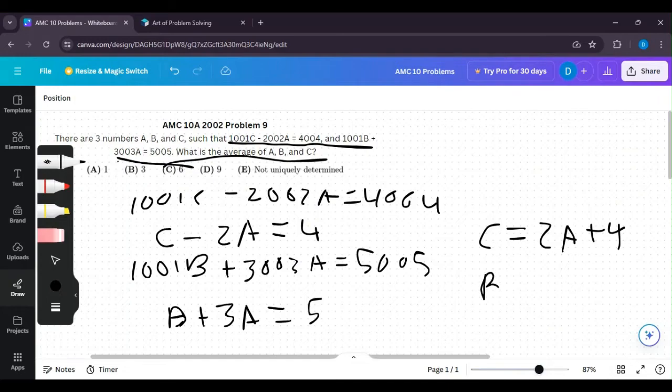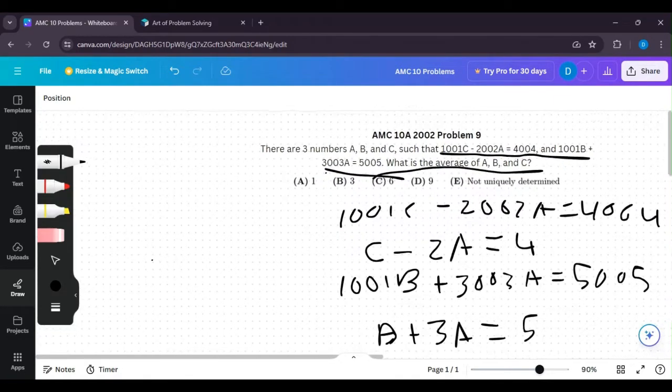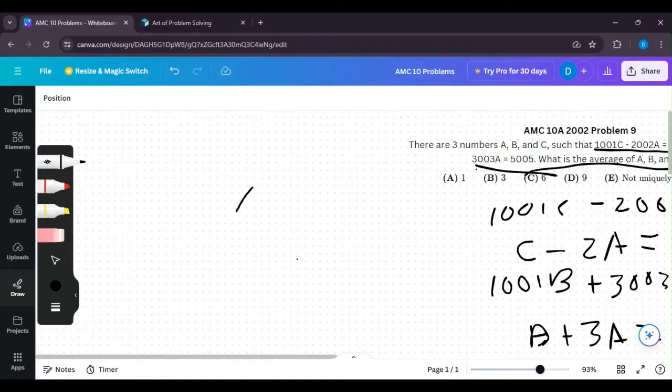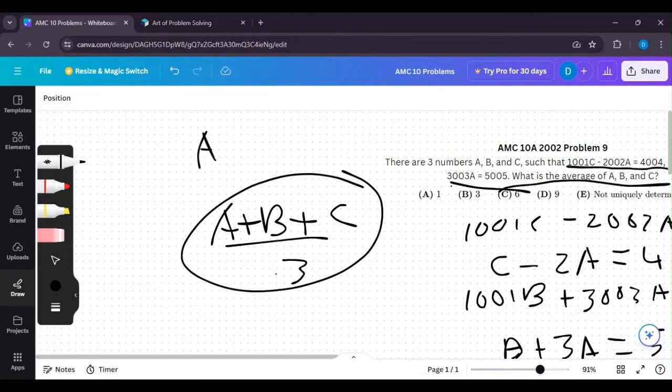And b is equal to negative 3a plus 5. And we can just add to find the average of the three, a, b, and c. We know that it's just a plus b plus c over 3. That's how you find the average.